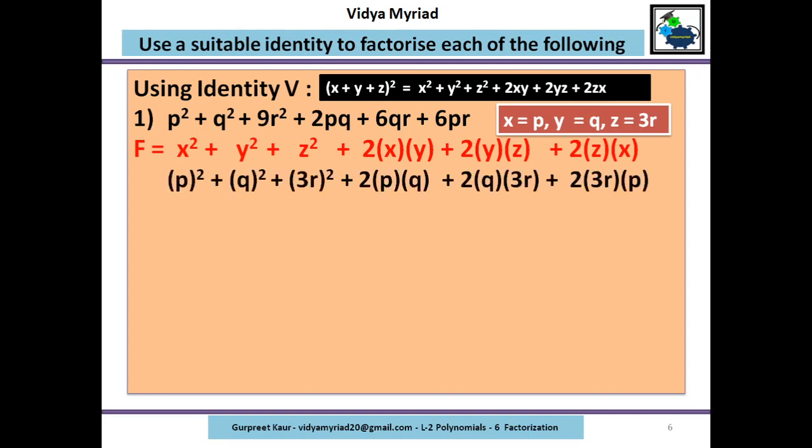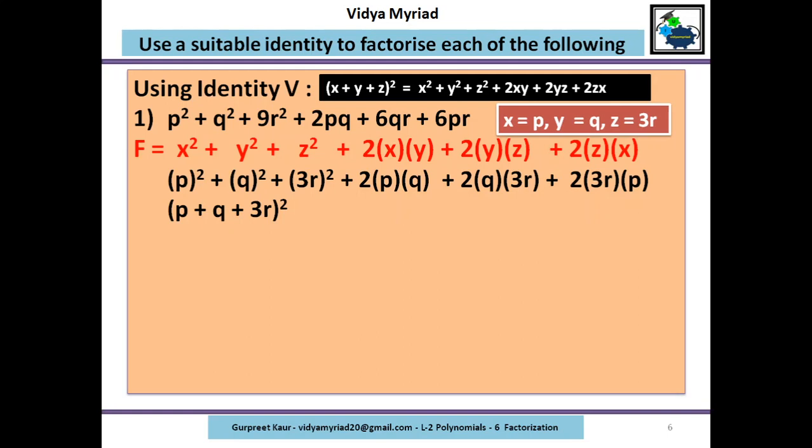Now see, when I put the values it will become like this. In place of x, y and z everywhere, change it into p, q and 3r. This result will be similar to your identity, and I can quickly write my answer as p plus q plus 3r the whole square. Now the question can come both ways.